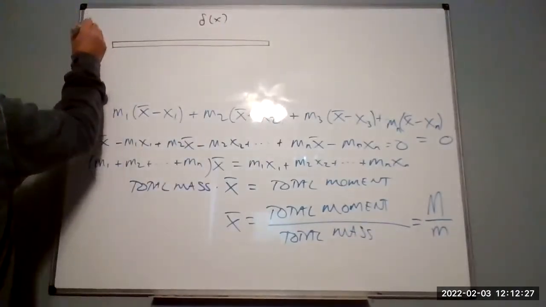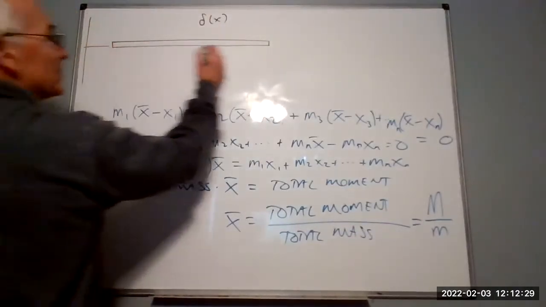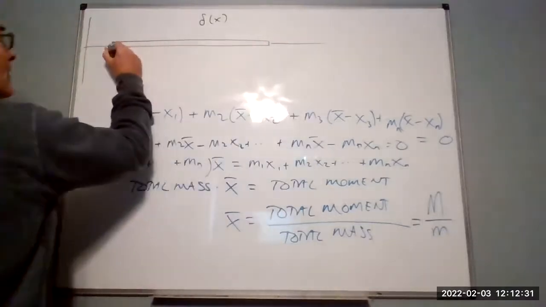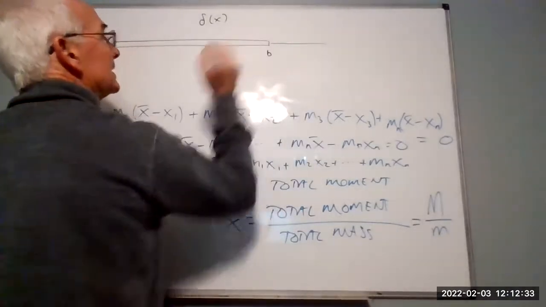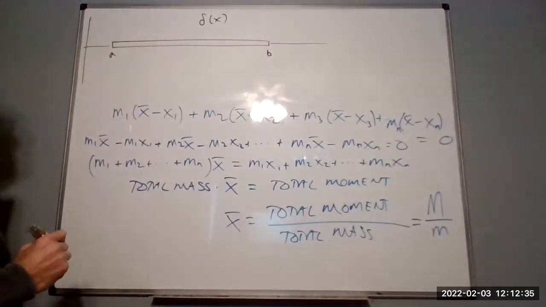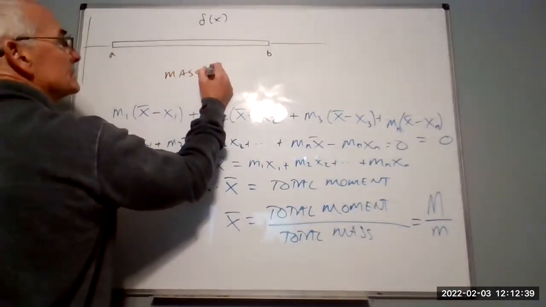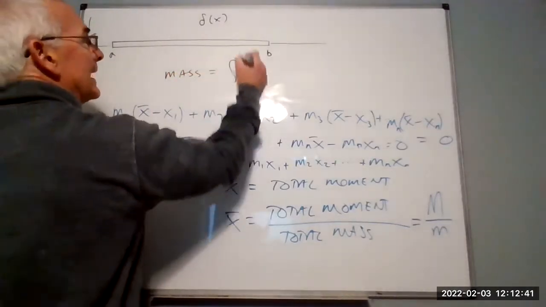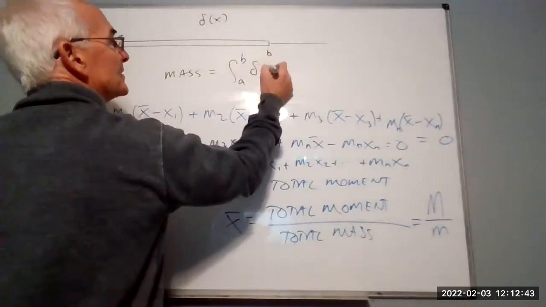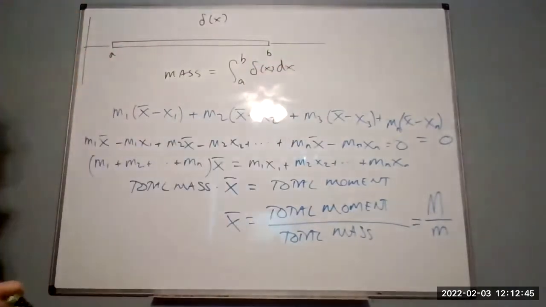Like I said before, let's imagine we're on the XY plane, and that would be, let's say, A, and that would be B. Last day we saw that the mass was simply the integral from A to B of the density dx. Okay, now how do I find the moment?